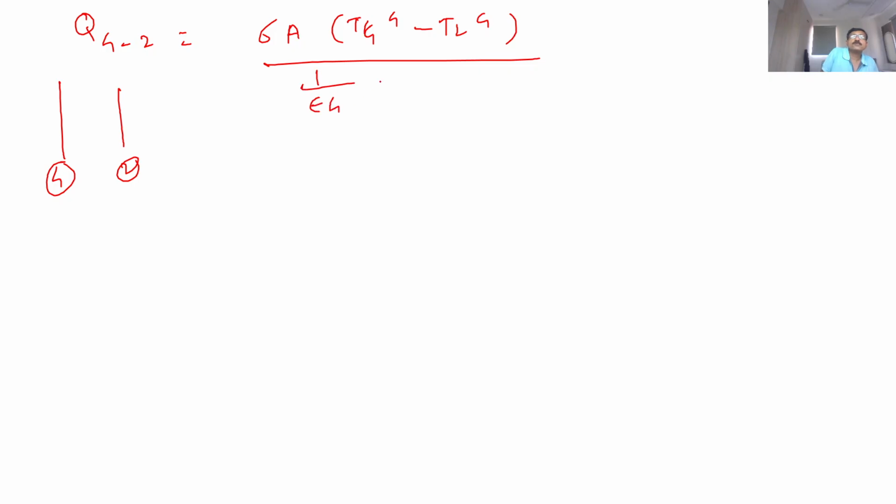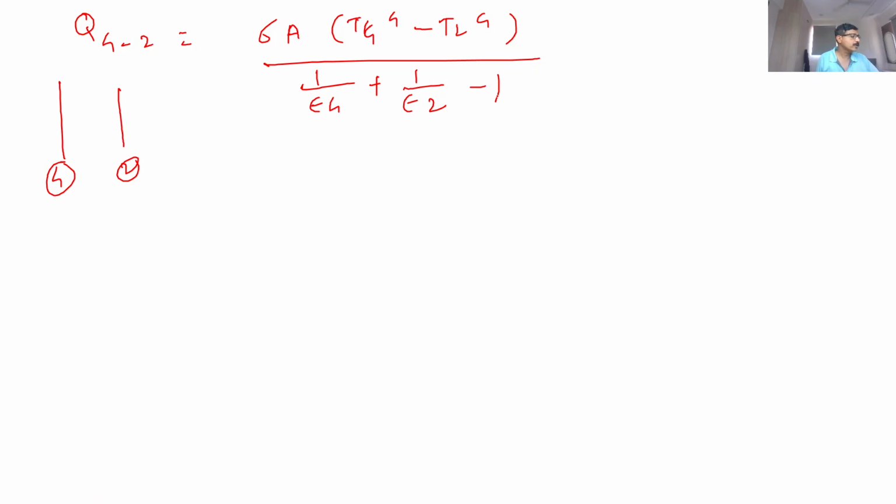So Q4 to 2, write the formula as if there are only two surfaces. The first surface is numbered as 4 and the second surface is numbered as 2. What is the formula? Replace it. You have written already for 1 to 2, now you are writing for 4 to 2. Sigma A, T4 raised to 4 minus T2 raised to 4, divided by 1 by epsilon 4 plus 1 by epsilon 2 minus 1.